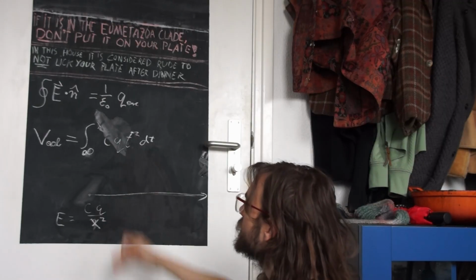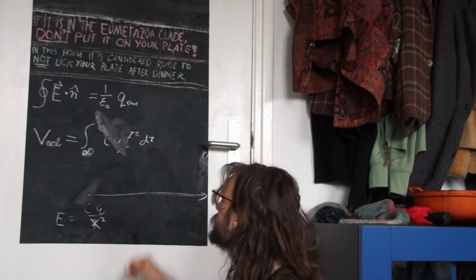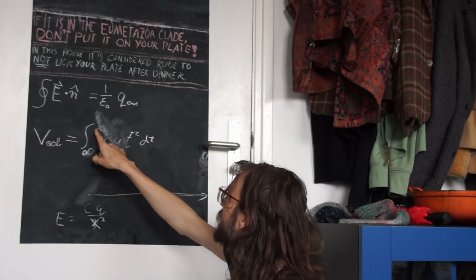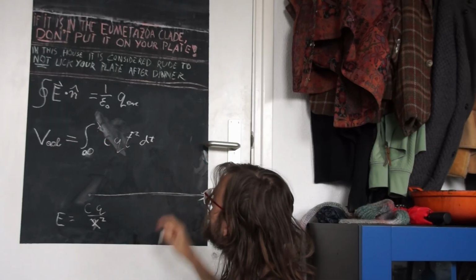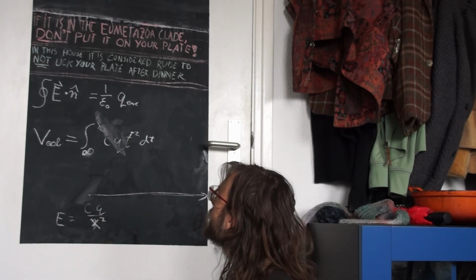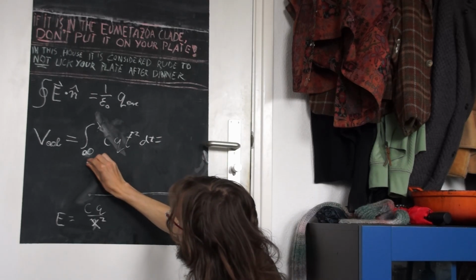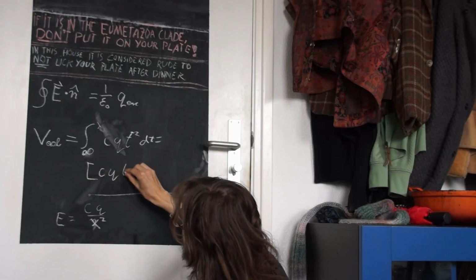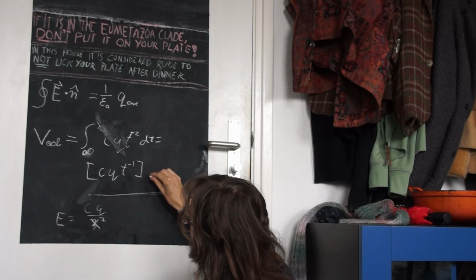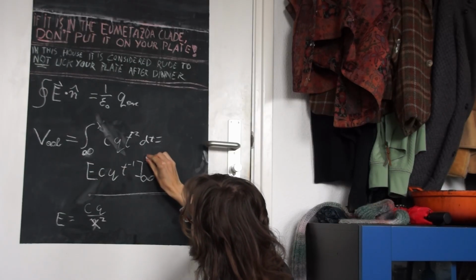You could have written x if you prefer, but it's not good mathematical practice to put x in if you already have it defined here. And this is just going to be the evaluation of CQ times t to the minus 1, with a minus sign, from infinity to x.